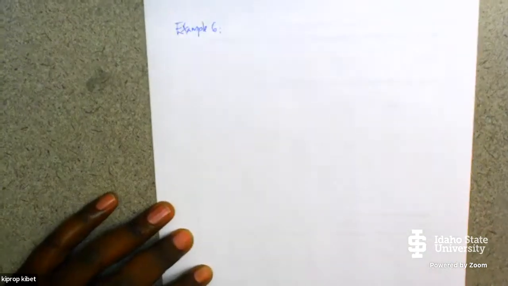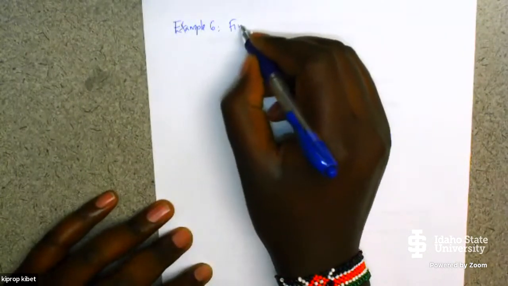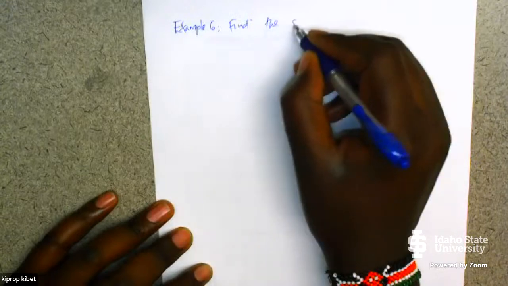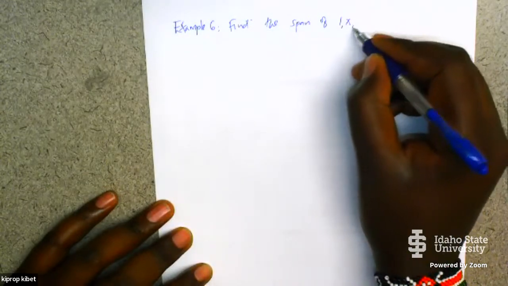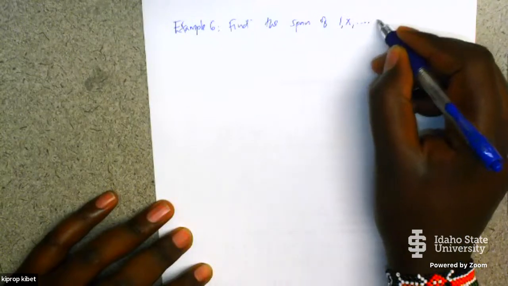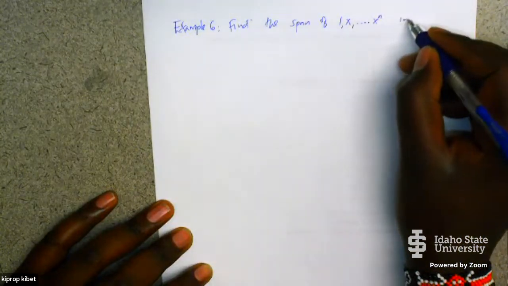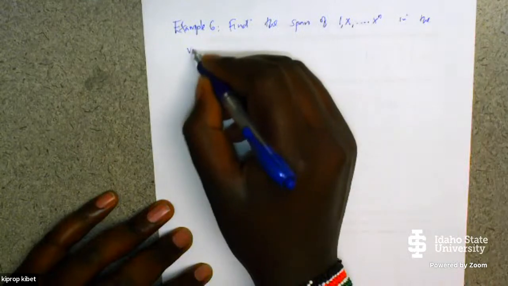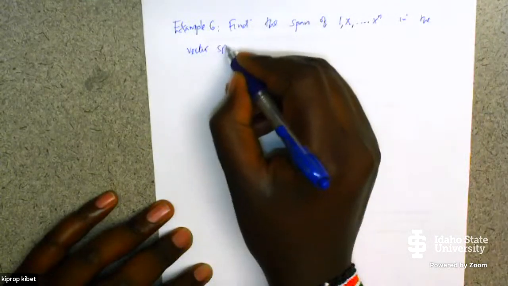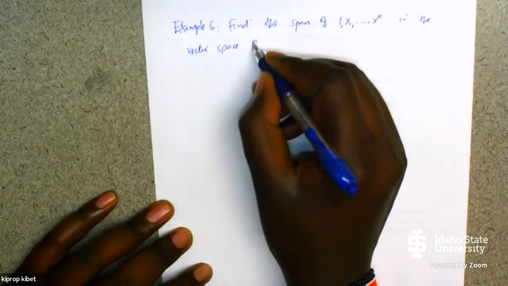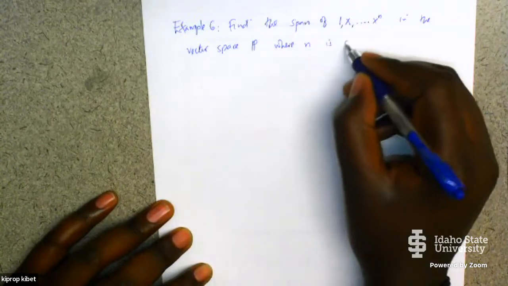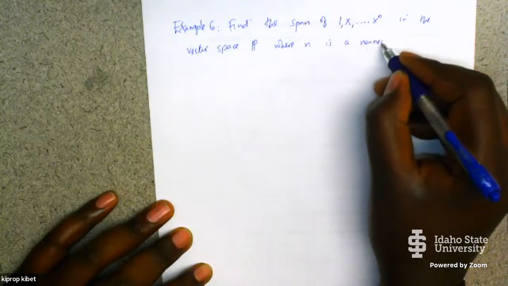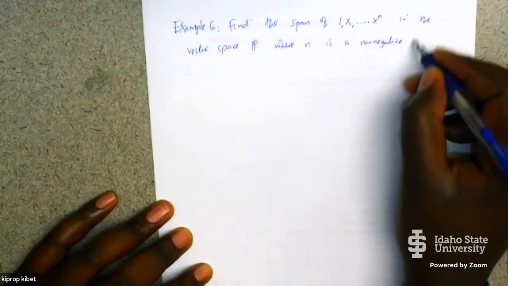Find the span of 1, x, up to x^n in the vector space P, where n is a non-negative integer.